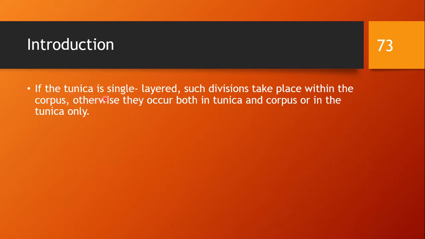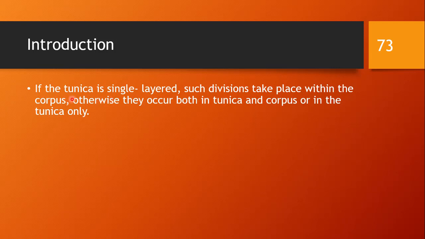So here is the first possibility. There are some plants in which the tunica is single layered, so the division will take place within the corpus. Otherwise, they occur both in tunica and corpus, or in the tunica only. So here we have three possibilities.